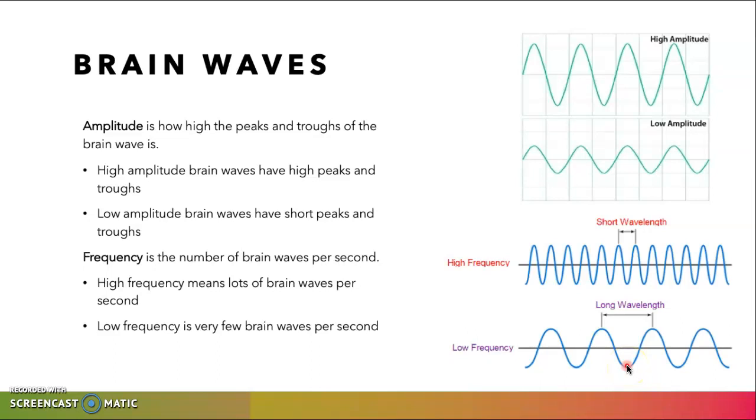So high frequency means we have lots of brain waves in that 1 second, whereas low frequency might only have 1 or 2 brain waves in that second. So you're looking at the x-axis here being time, and your y-axis is electrical activity.